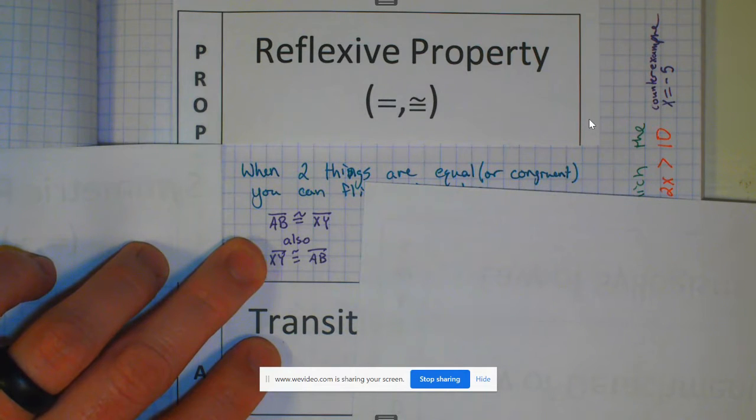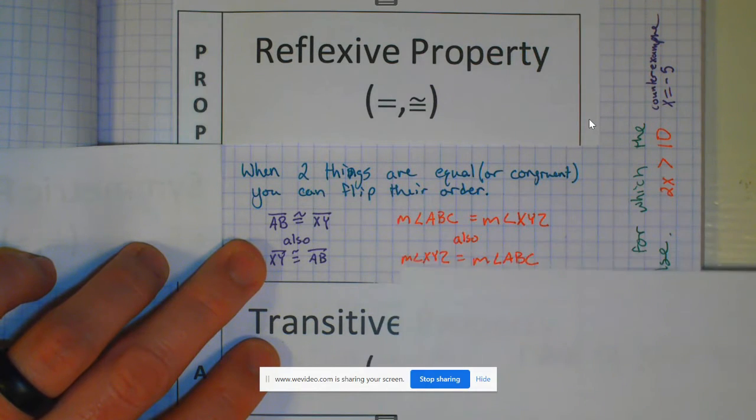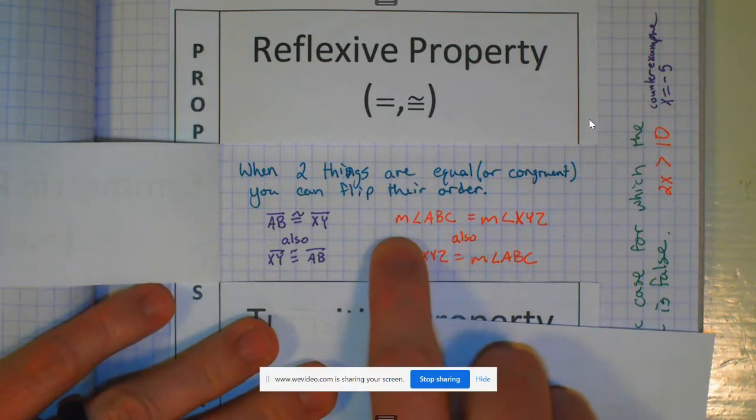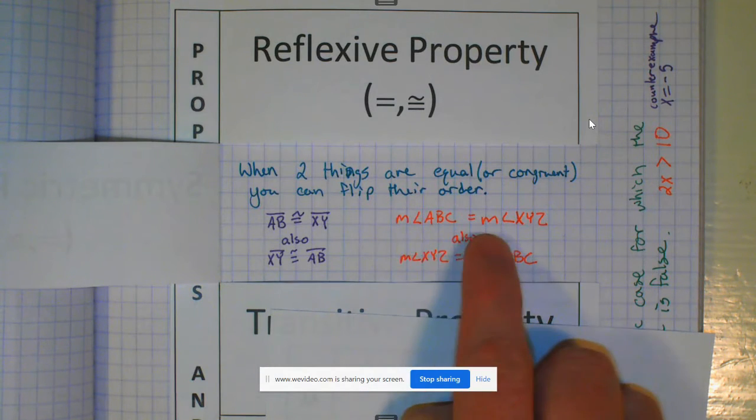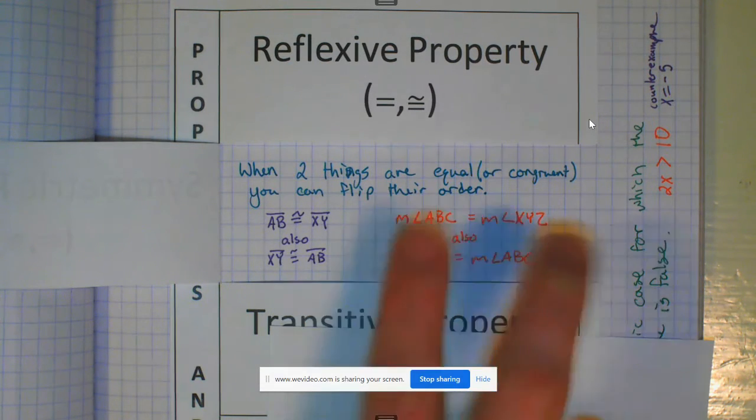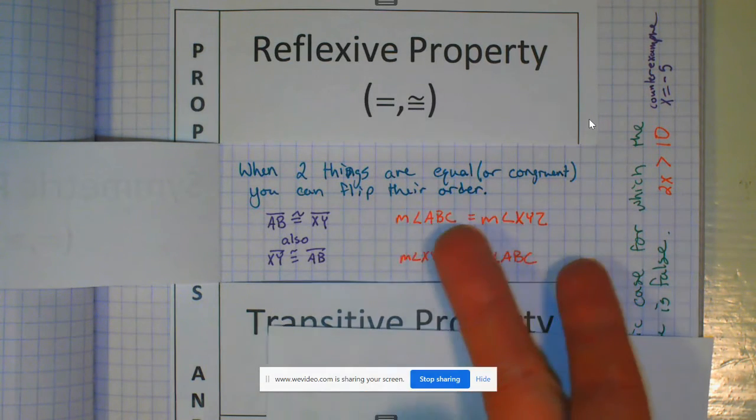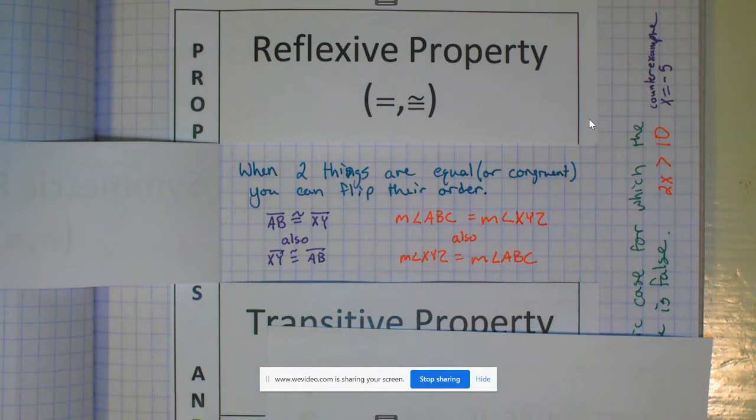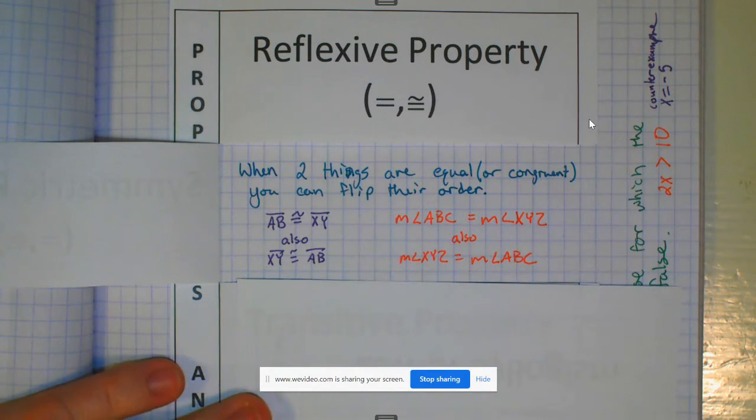I could write segment XY congruent to segment AB. If we look at some equations, the measure of angle ABC equals the measure of angle XYZ. I can flip these two end parts around and write it the other direction. That's the symmetric property.